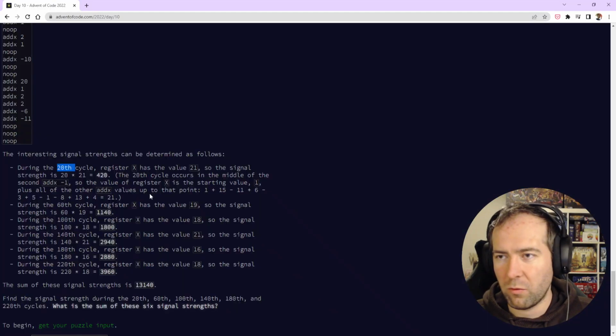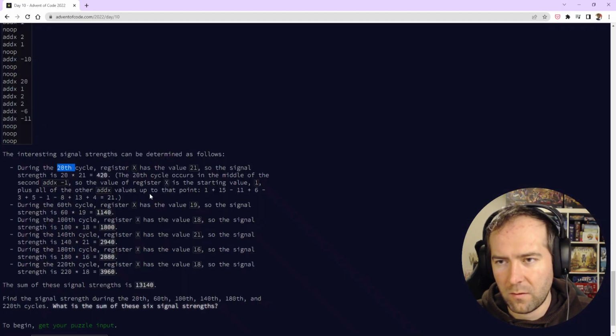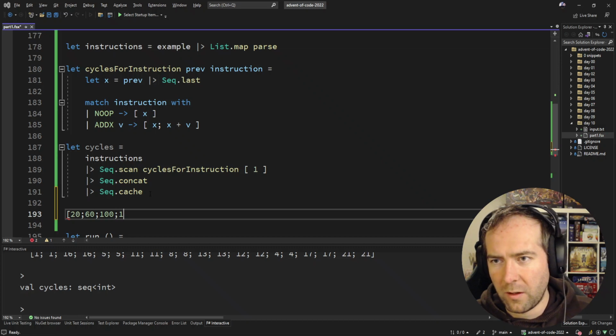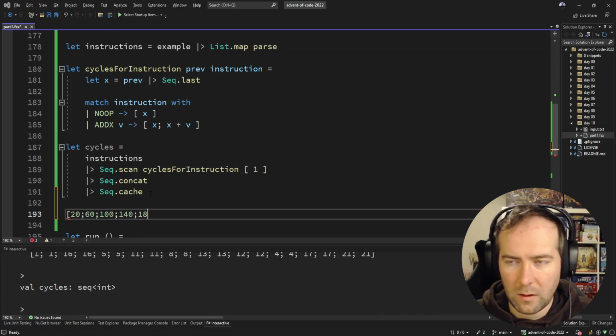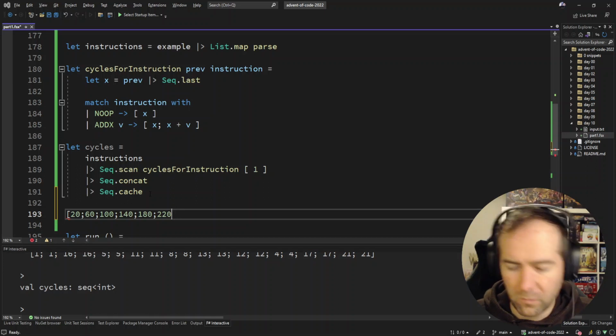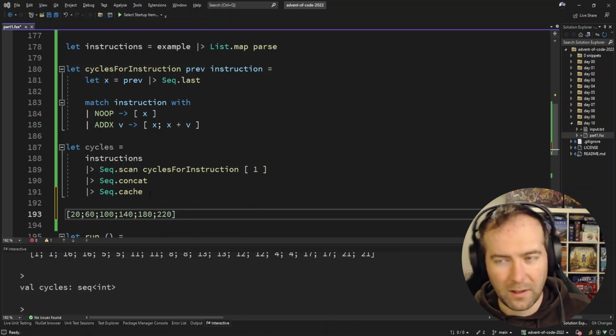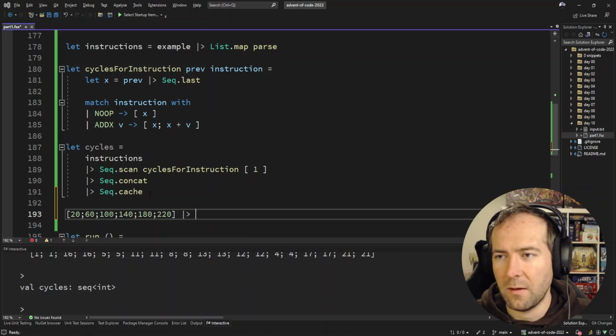Let's grab, what do we need? 20, 60, 100, 140, 180, and 220. So those are all the cycles we need to find the signal strength, or the value for x.